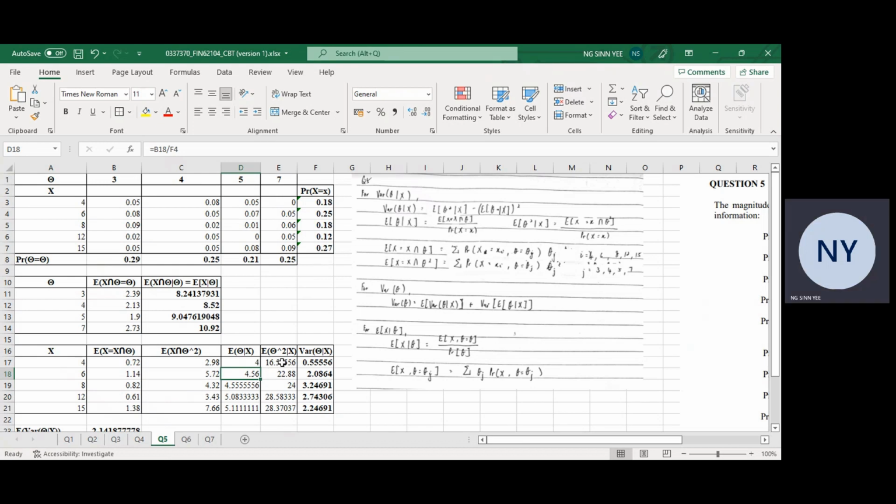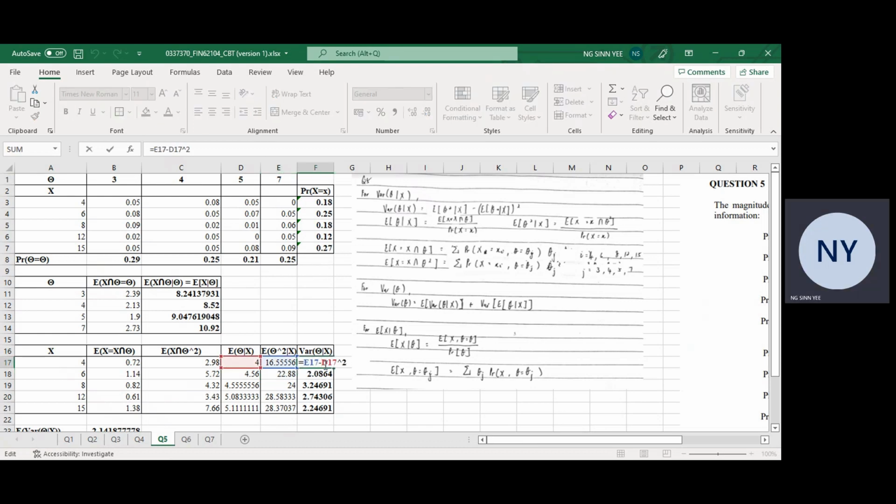And for data square, the expected value of data square if given x is just a similar process, just that we now take the data square instead of data, and we will be able to get the value. By having these two values, we will be able to find the variance of data if given x, because the formula for variance equals the expected value of x squared minus the square of expected value.